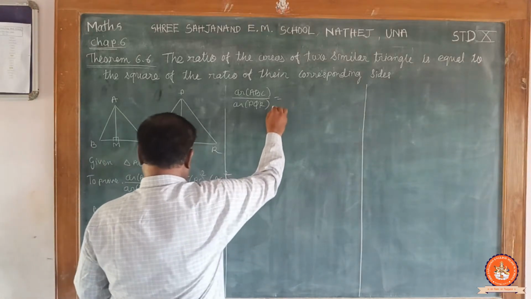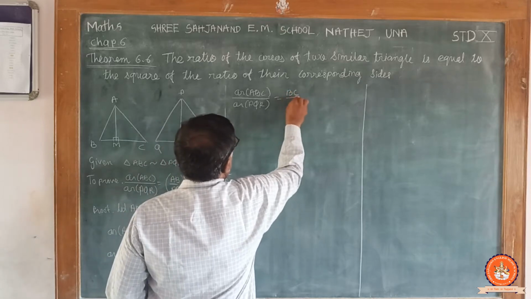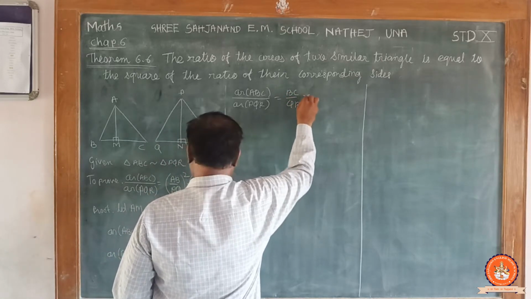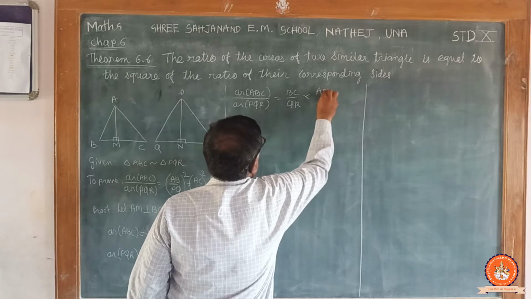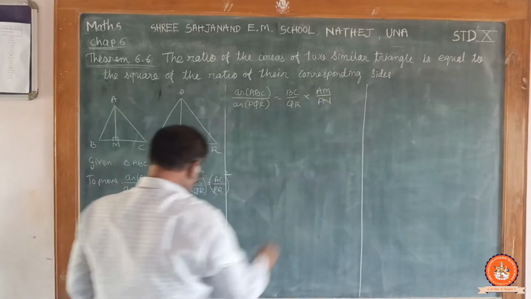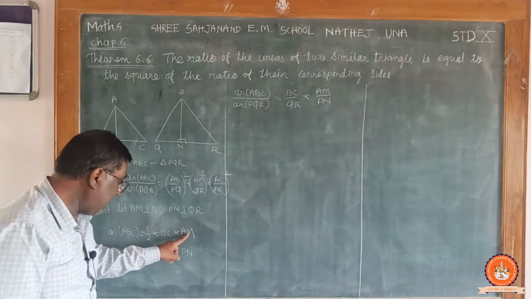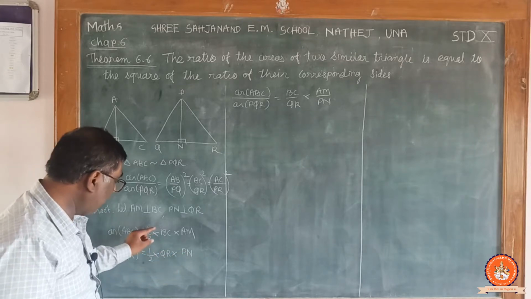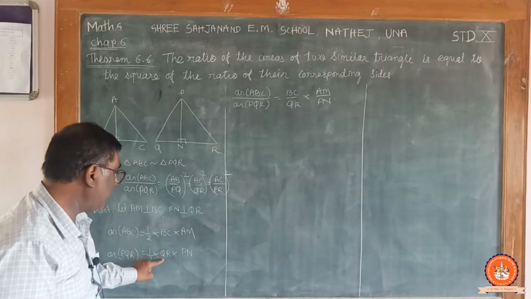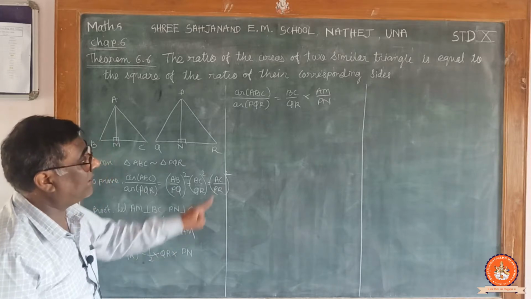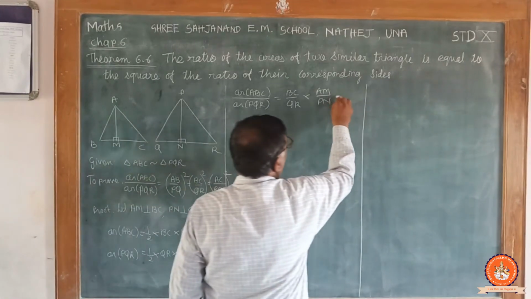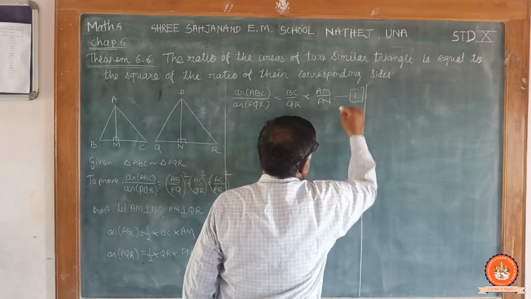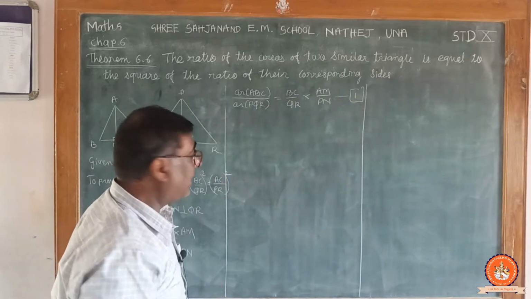So we get BC into AM upon QR into PN. We can also write this as BC upon QR into AM upon PN. This is result number 1. We will use it later on.